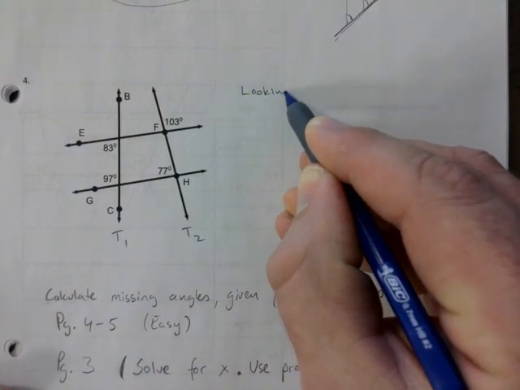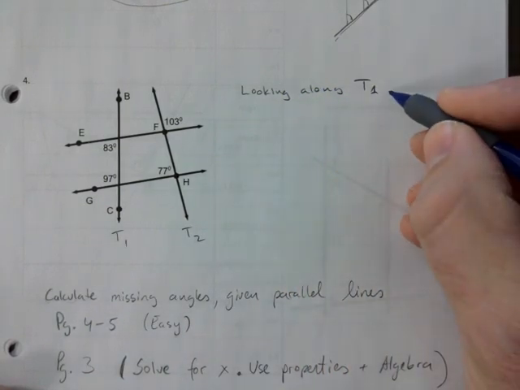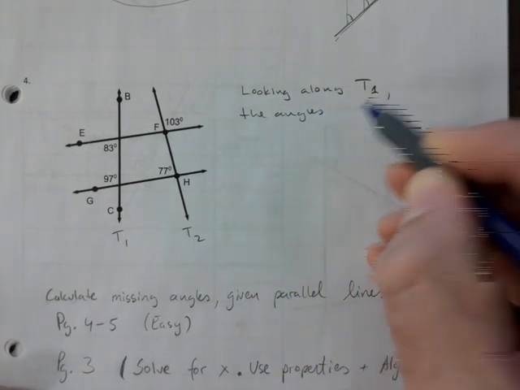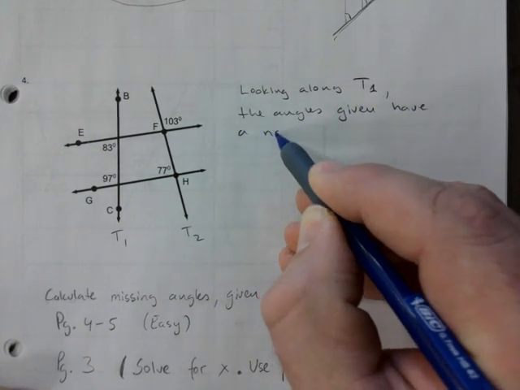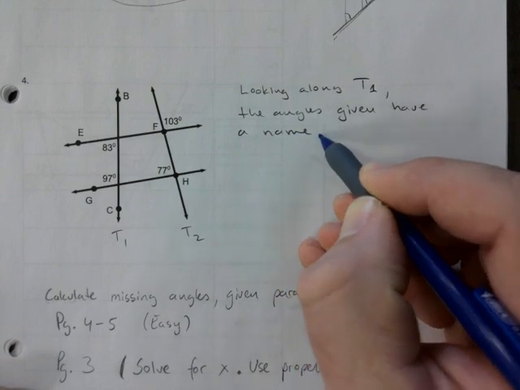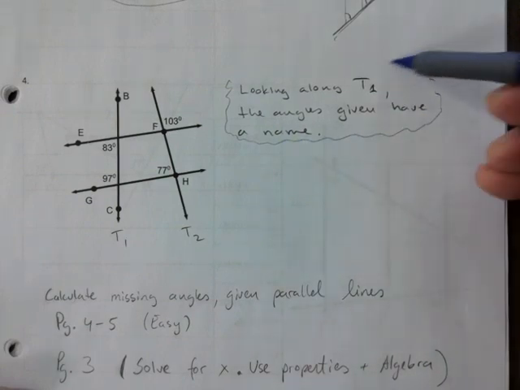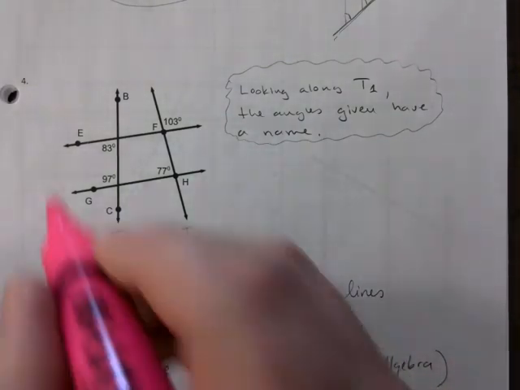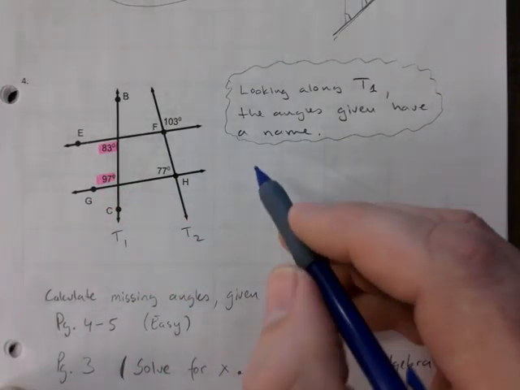Looking along transversal 1, the angles given have a name. This is just a cloud here. This is what I'm thinking out loud, right? So highlight them. Those are consecutive interior, right?